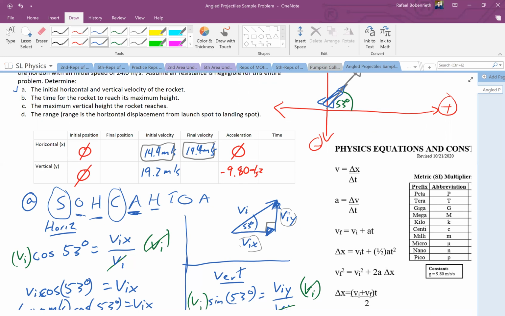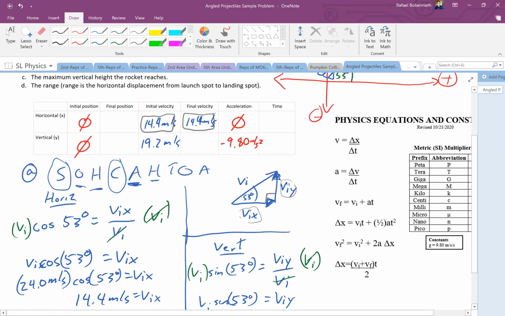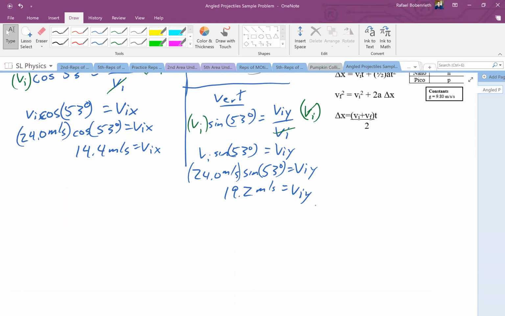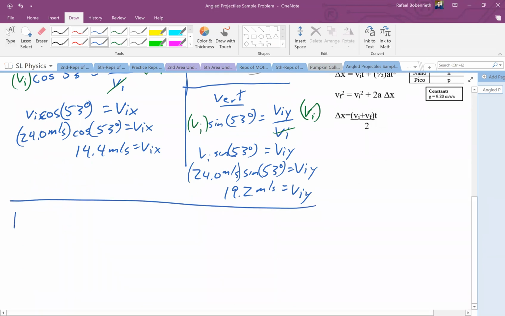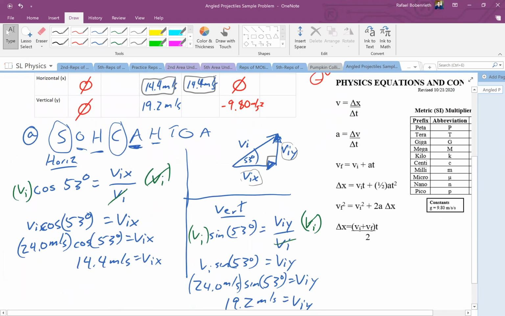So part B, the time for the rocket to reach its maximum height. Let's go down here and figure out part B. We have to look at these equations and figure out which of these helps us given the information we already know. We're looking for time, and notice it's time to reach max height, and height is a vertical thing.